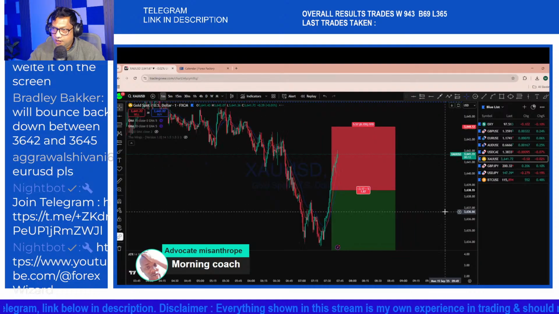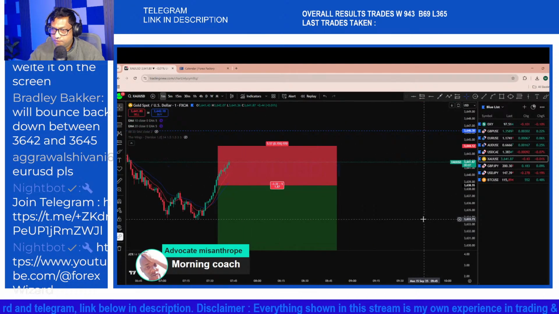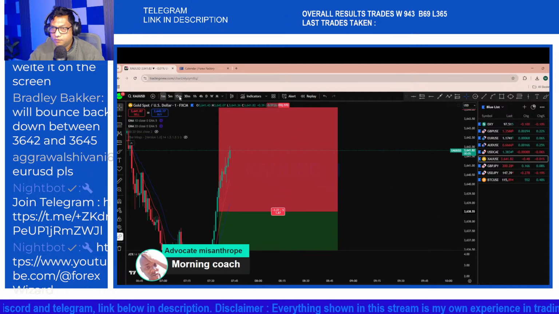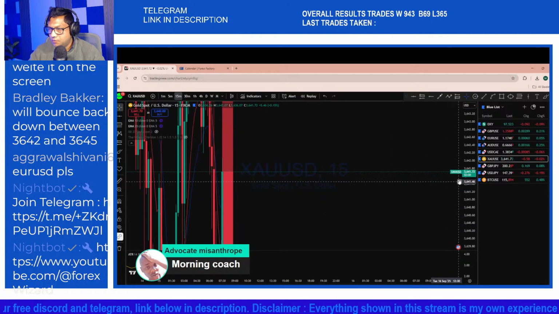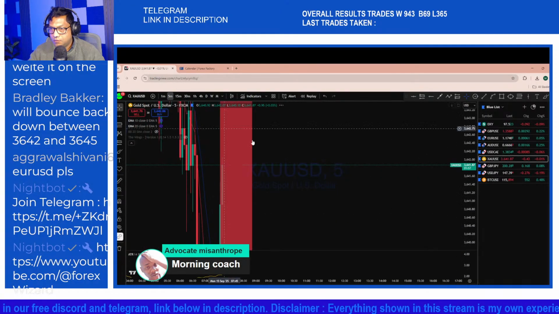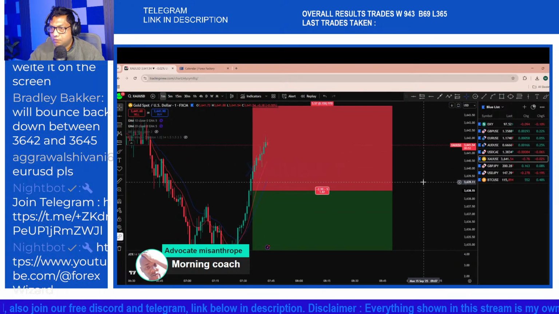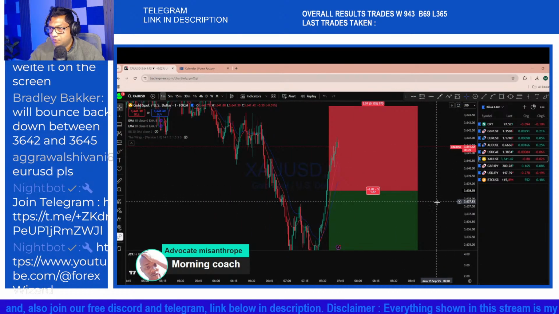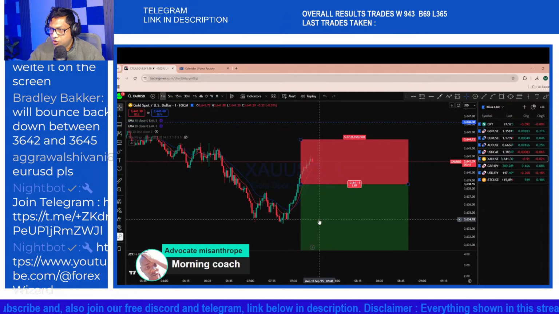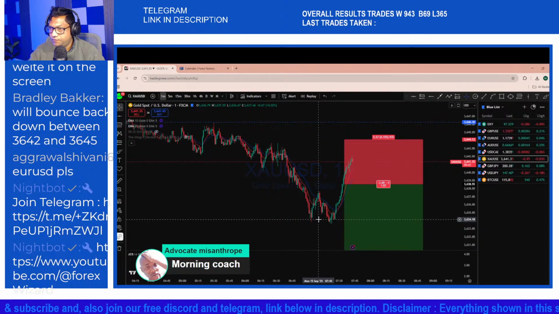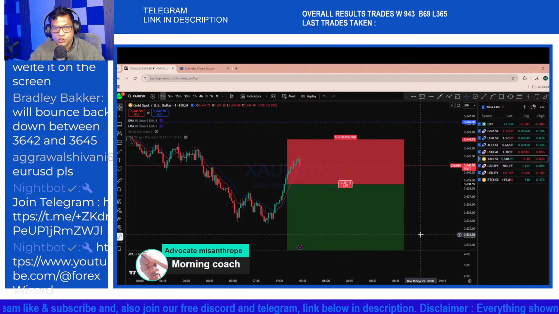And very highly likely we see the market again come back here to this support. If we reject, it's going to potentially come straight back here to the 3634 level. See some rejection coming.